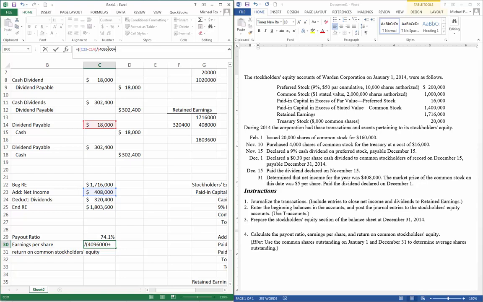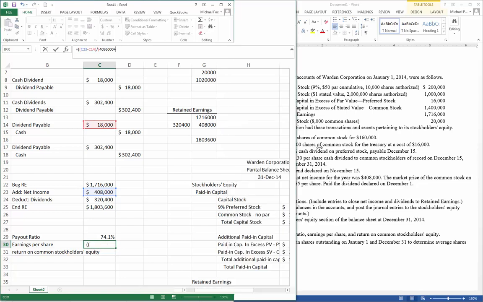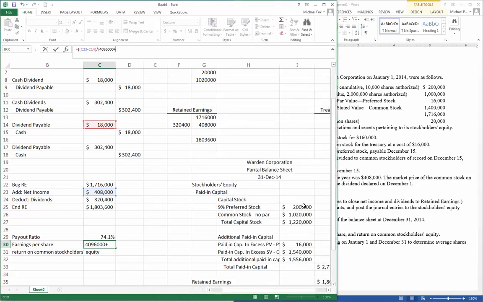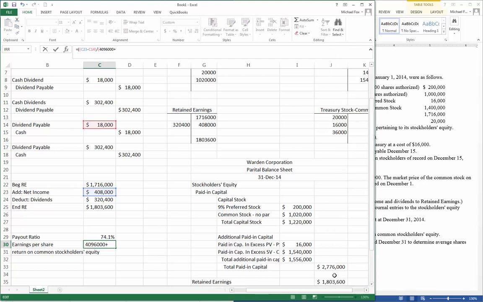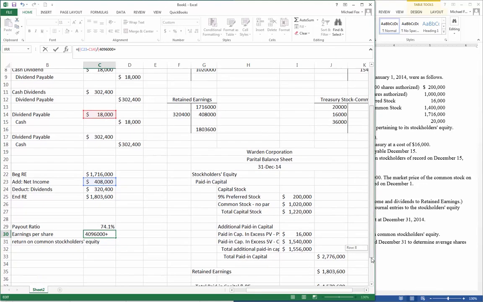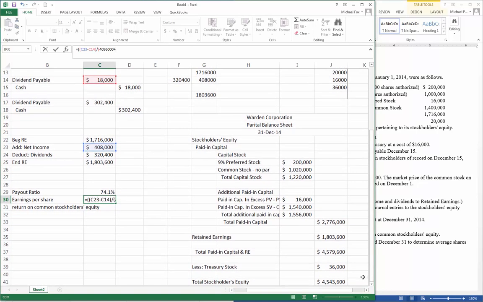We want to find our average, so that's the beginning. Now we have to figure out our common stockholders' equity at the end of the period, which we can do by looking right here and seeing that we have $1,020,000 plus $1,540,000 plus retained earnings of $1,803,600 minus treasury stock of $36,000.